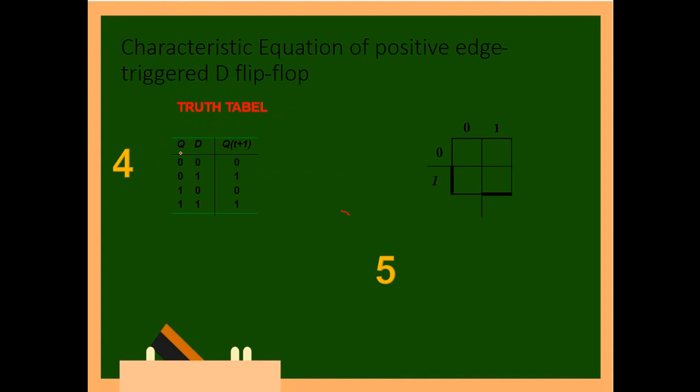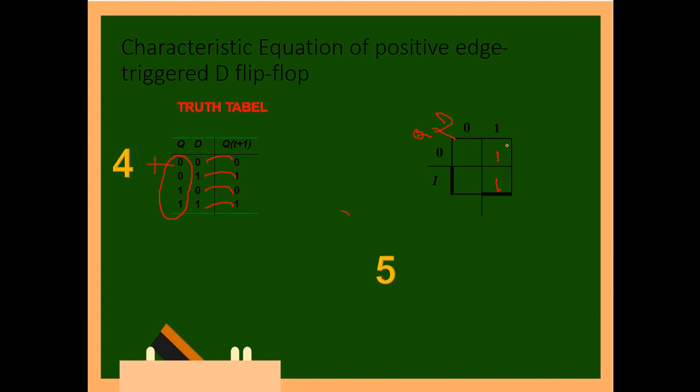In the truth table, it is actually not dependent upon the previous Q value. Whatever Q is, it doesn't bother: when 0 it gives 0, when 1 it gives 1. So Q is a don't-care input here, and the output is exactly equal to the D value. You can make the K-map using that. Here this is Q and this is D, with a 1 in the 0 1 condition and one more 1 in the 1 1 condition.